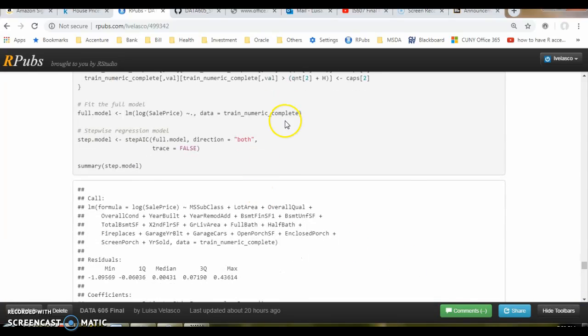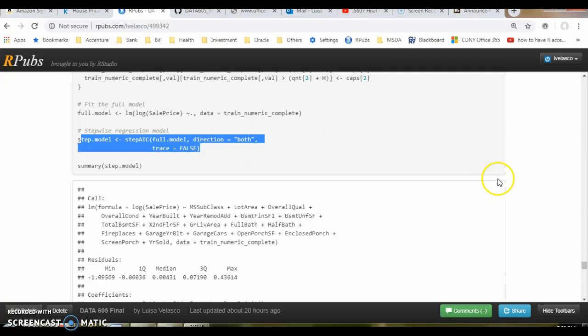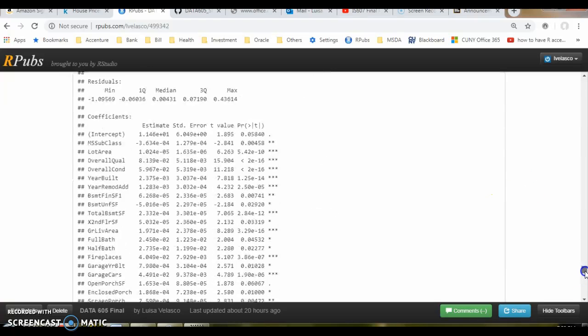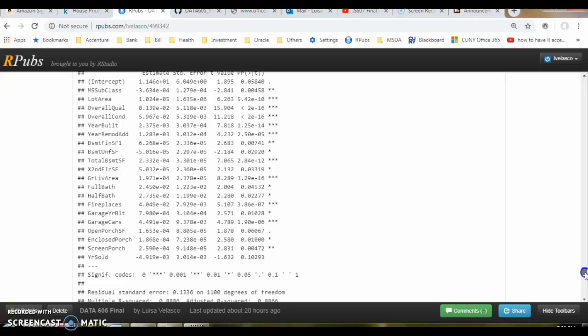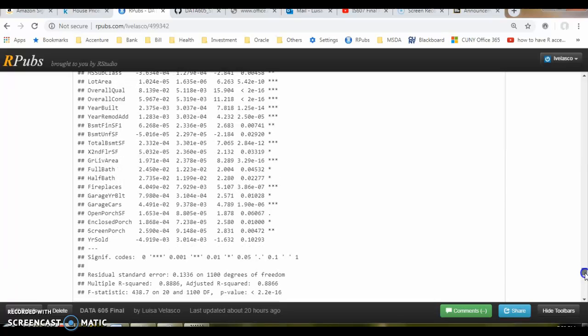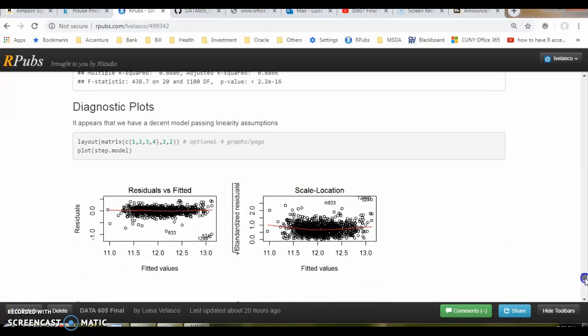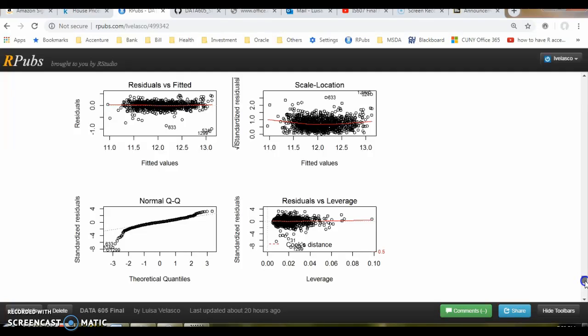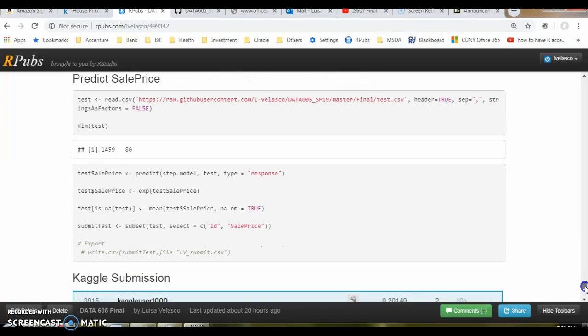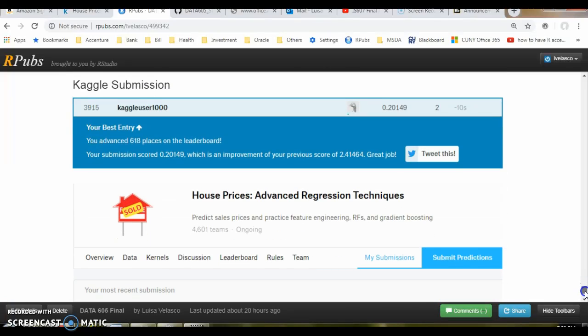First I did a complete model, and then I did a step model, both forward and backward, and all the variables have significant p-values. The diagnostic plots suggest a decent model, and from this I predicted the sale price and submitted to Kaggle with a 0.20 score.